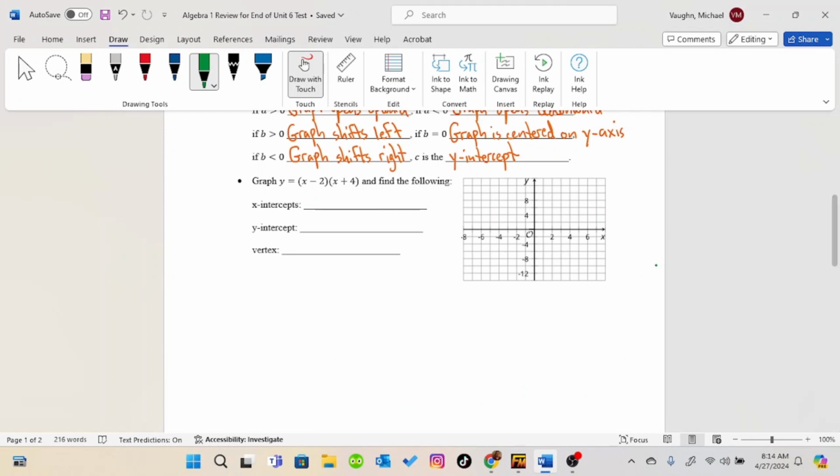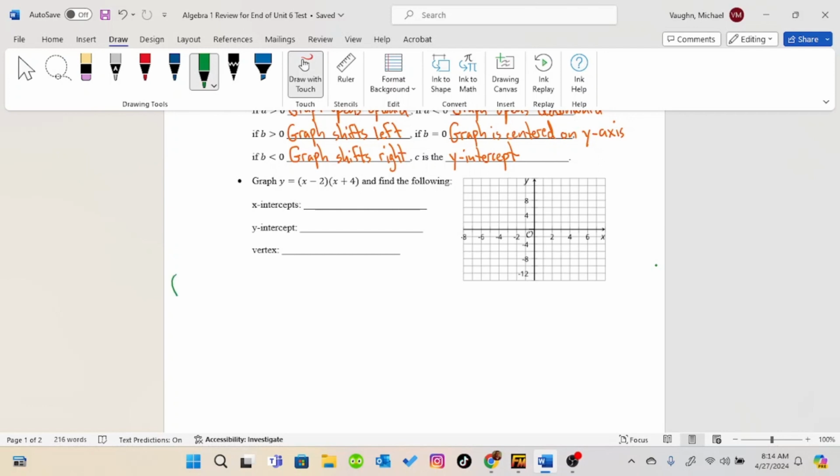Graph y equals x minus 2 times x plus 4 and find the following: the x-intercepts, the y-intercept, and the vertex. So first we need to find the x-intercepts.